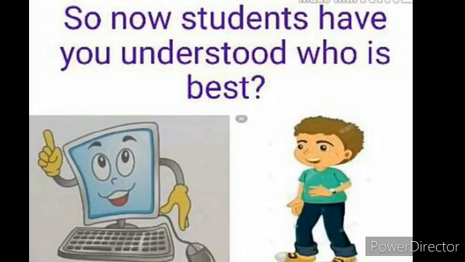So, students, now have you understood who is best? Yes, you guessed it. Man is better than computer. But how?